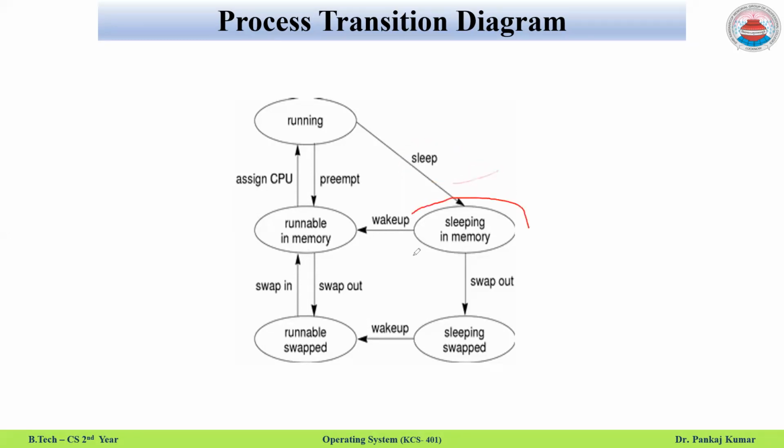So it is again in memory, in RAM. Here it is in a runnable condition, but it is in a sleeping condition because it is waiting a long time. When the long waiting is finished, its state becomes wake up. From sleep, it goes into wake up condition.